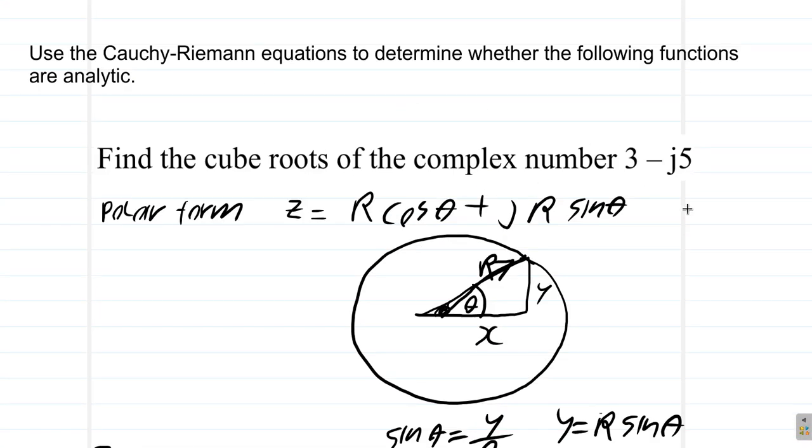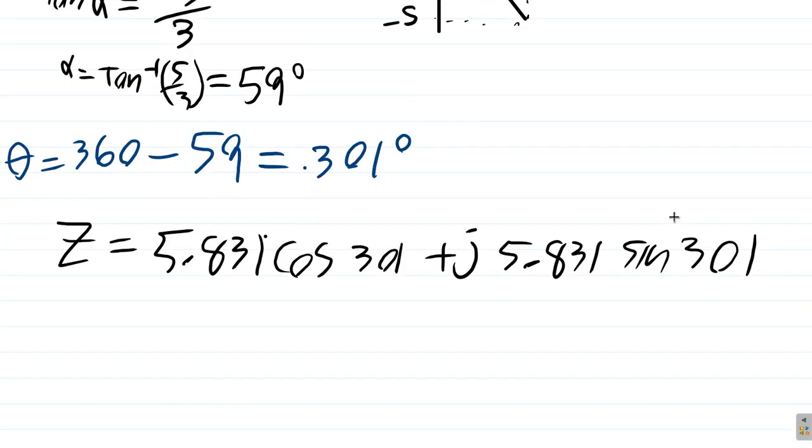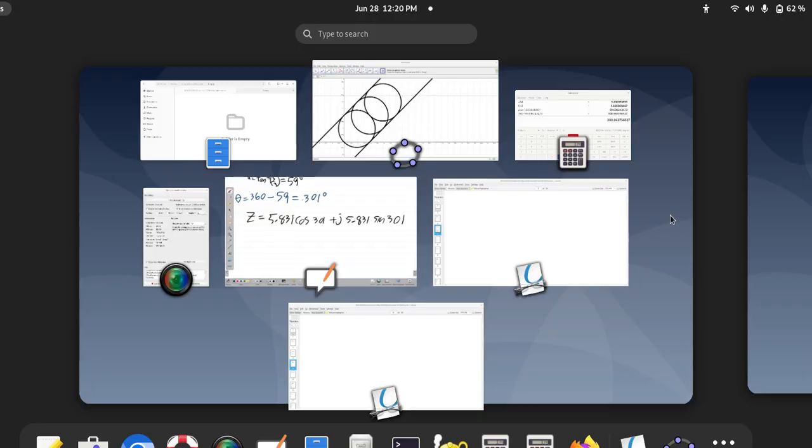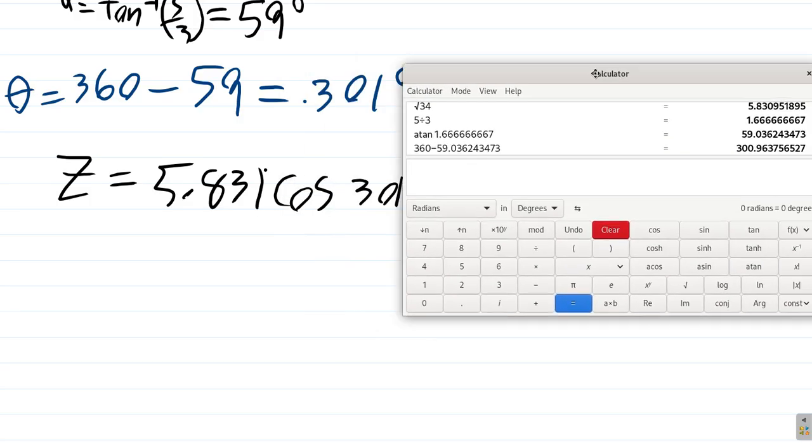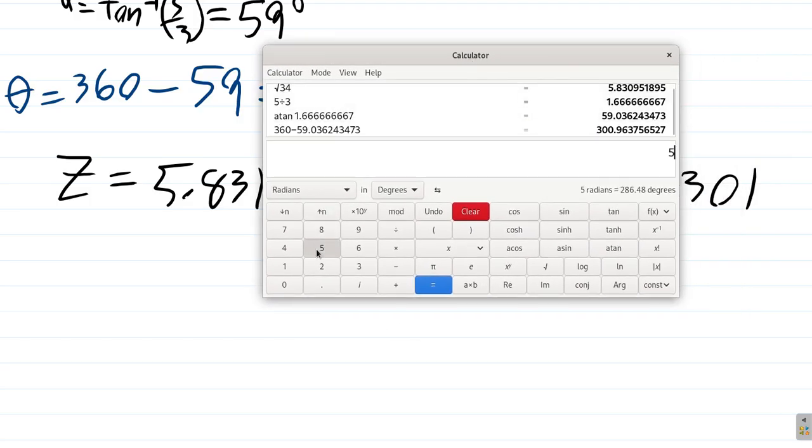So 3 minus j5. And by the way, before we continue, look at this. Suppose you say 5.831 times cos 301. I didn't press the point. 5.831 times that.